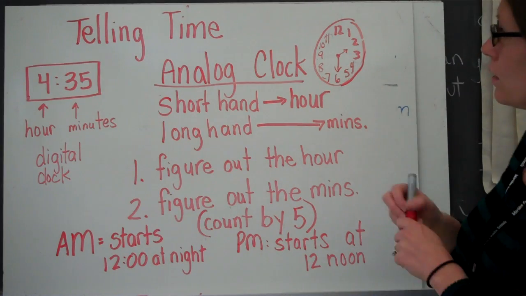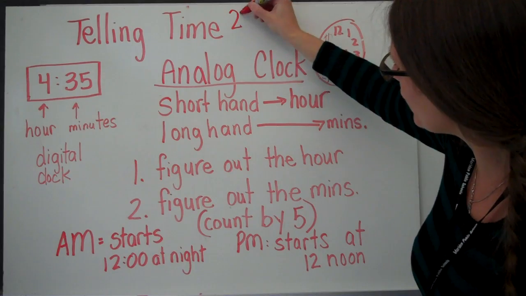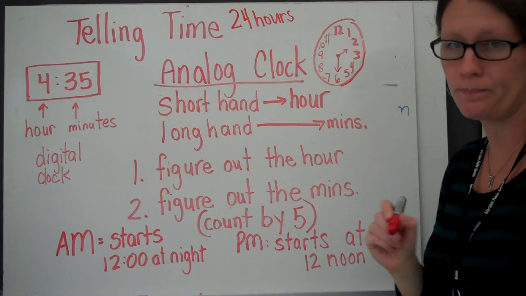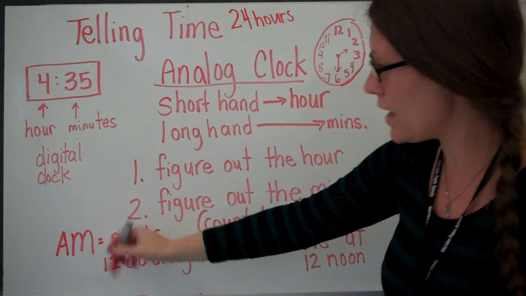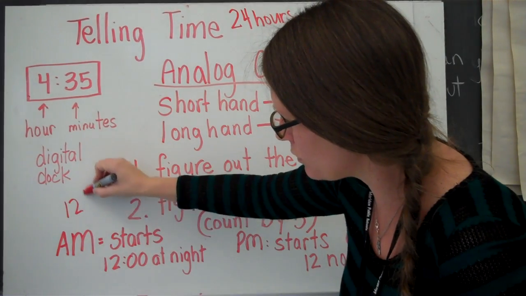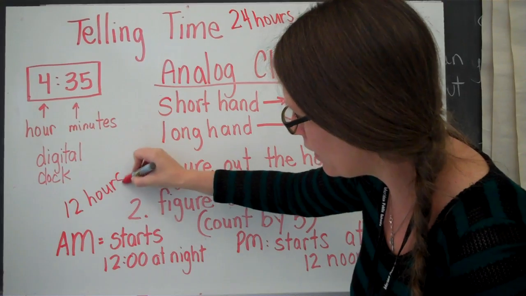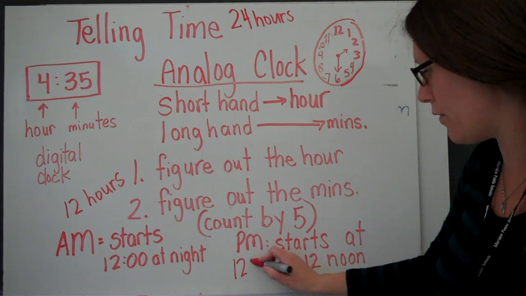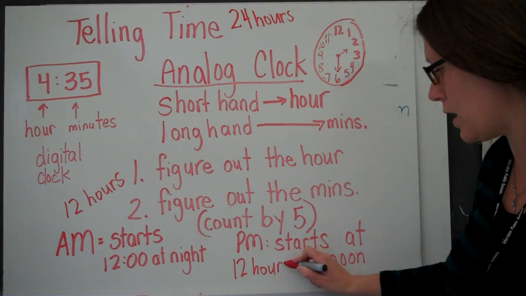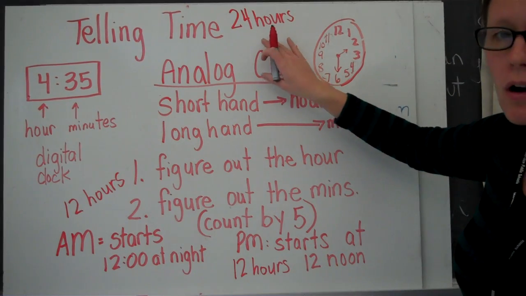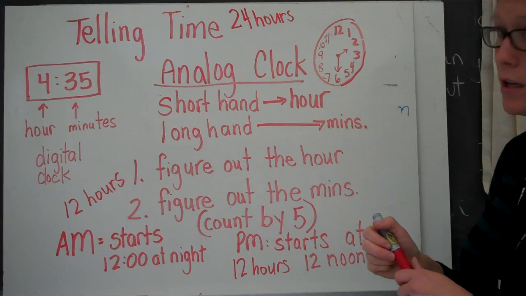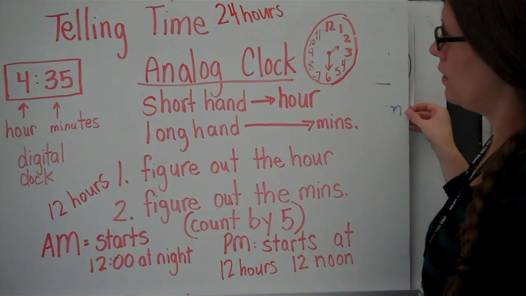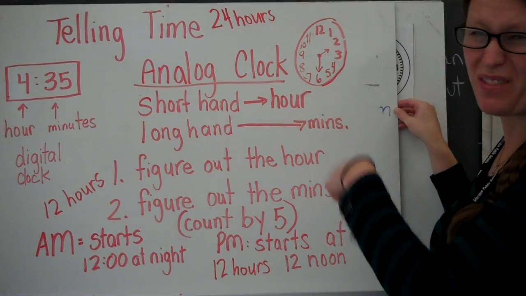You should write this down: 24 hours in a day, and the AM time is 12 hours long, and the PM period is the other 12 hours. 12 plus 12 is 24 hours in one day. Make sure you have this in your notebook.